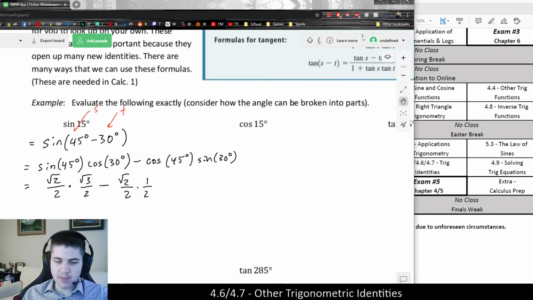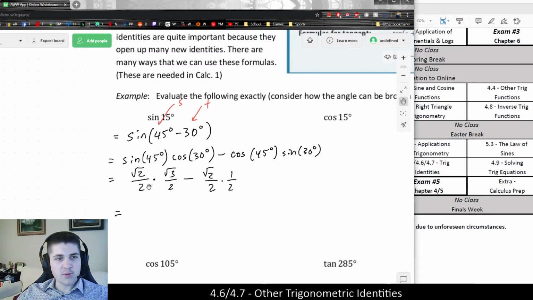But basically what I now end up with is a bunch of fractions for each of our trig ratios. And then, well, I have root 2. I could actually multiply these together. Because root 2 times root 3, well, with fractions I multiply both tops and bottoms together. Root 2 times root 3 would just make root 6, because if they're both rooted, you can just multiply the insides together.